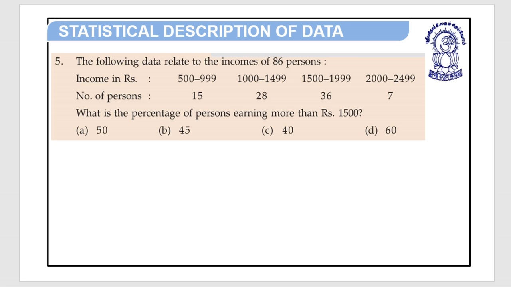Now question number 5. The following data relate to the income of 86 persons.